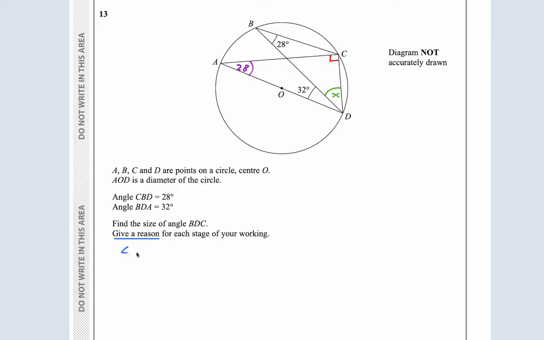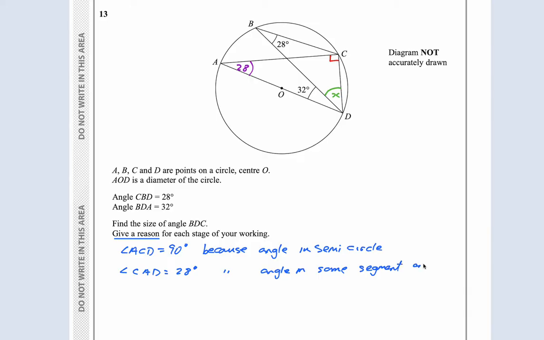So I'm going to say angle ACD equals 90 degrees because angle in semicircle. As long as you get the word semicircle in there, you'll be fine. Angle CAD equals 28 degrees, again because angles in same segment are equal.